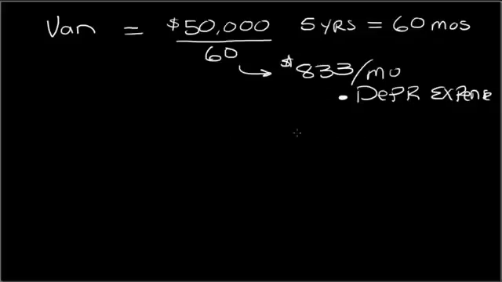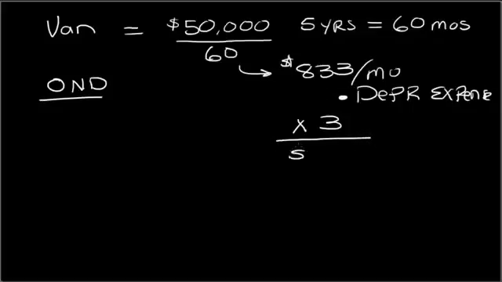If we took delivery, if you remember, on October 31st, so we have how many months? October, November, December, we have 3 months. So I multiply this by 3. And so we're going to have a depreciation expense on the van of $2,500 for the 3 months for the year ending.